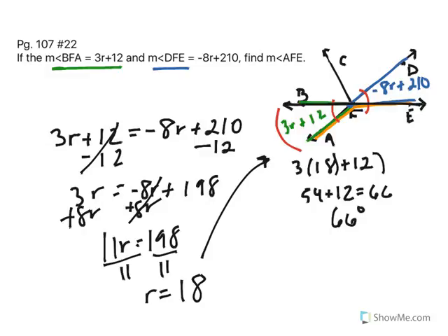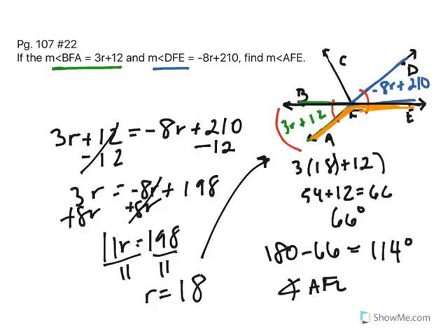So if we know that, we always subtract from 180 to find the measure of the supplement, to find the measure of this angle right here. And 180 minus 66 is 114. So the measure of angle AFE is 114 degrees.